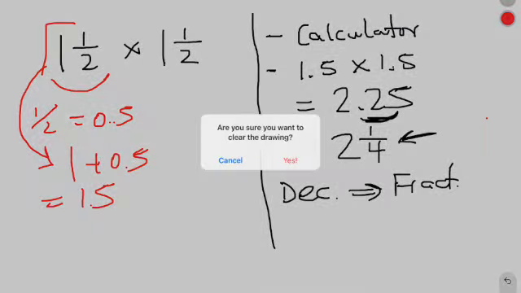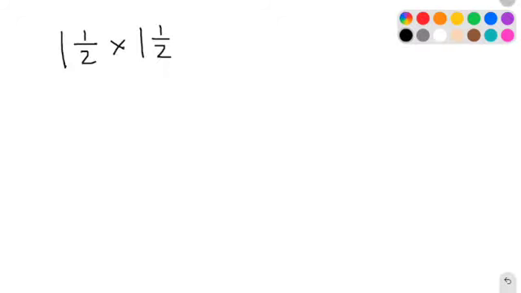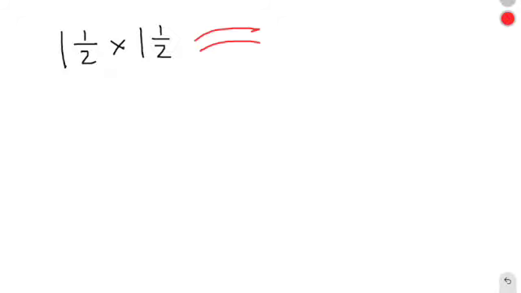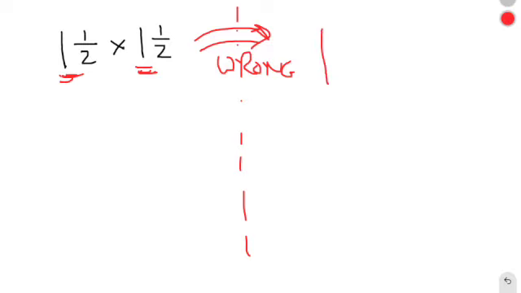So we go back and look at 1 and 1 half times 1 and 1 half. How do we solve this? A lot of people, what they would do, I want to show you the wrong way. This is the absolute wrong way. A lot of people say 1 times 1 equals 1.